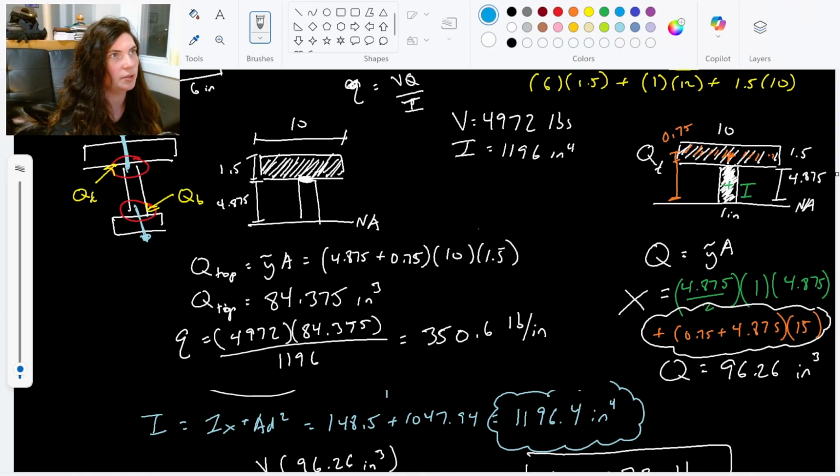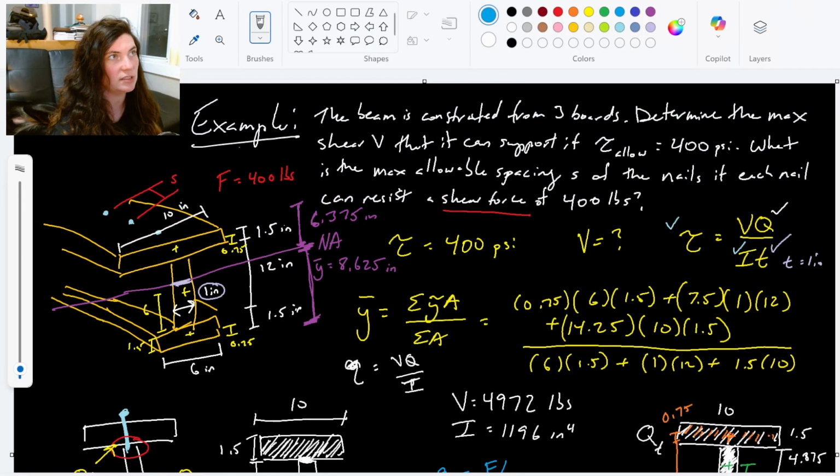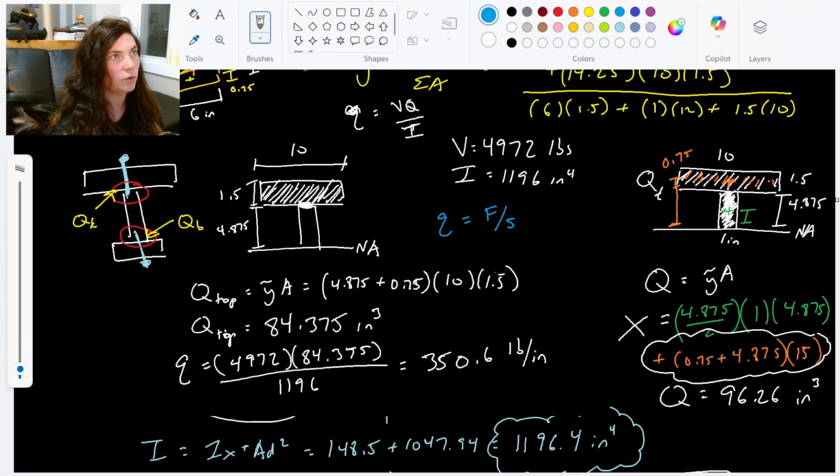And then the very final step here is using that Q. Let's do it in blue. Q equals force over spacing, the force that they can handle over the spacing. So we have our Q value. They gave us the force that the nails can resist, this 400 pounds of shear force.